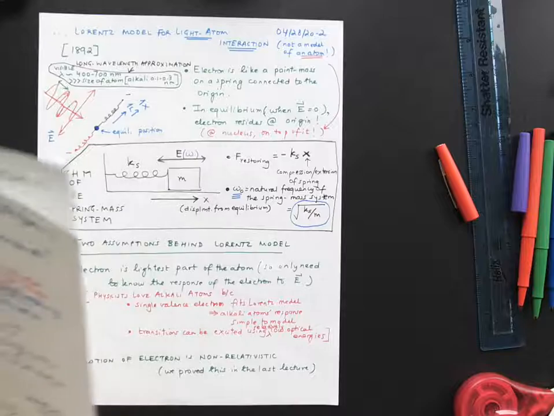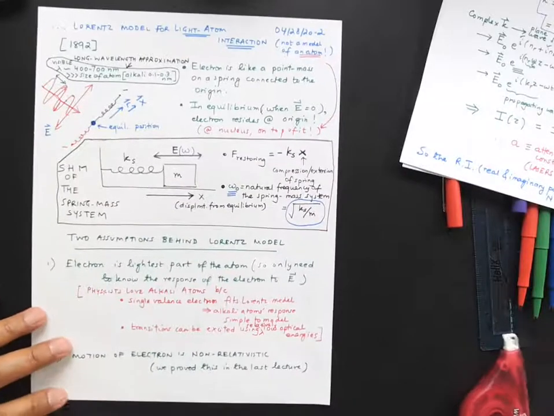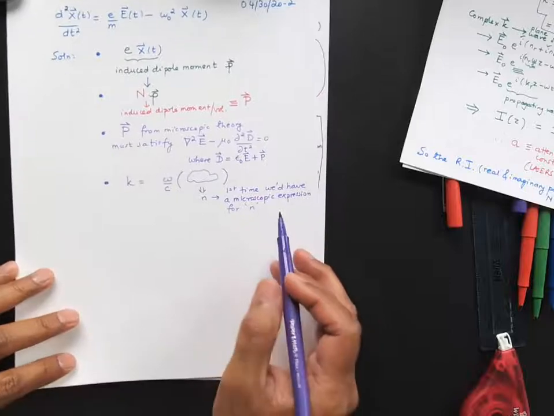So this is a good thing to write down here: what is the advantage of a microscopic expression for n?